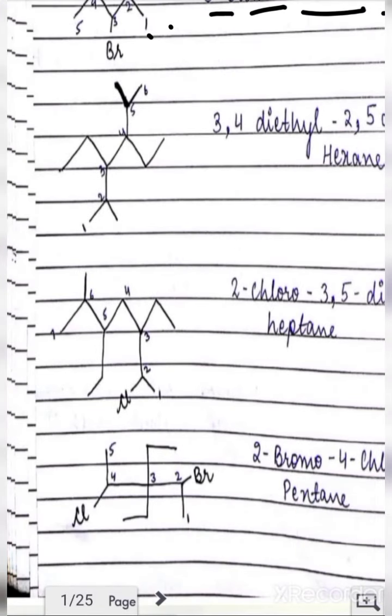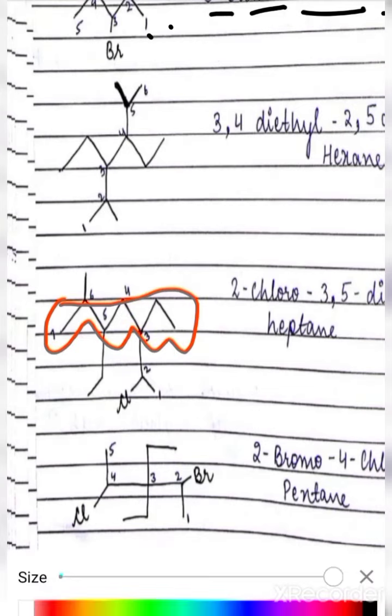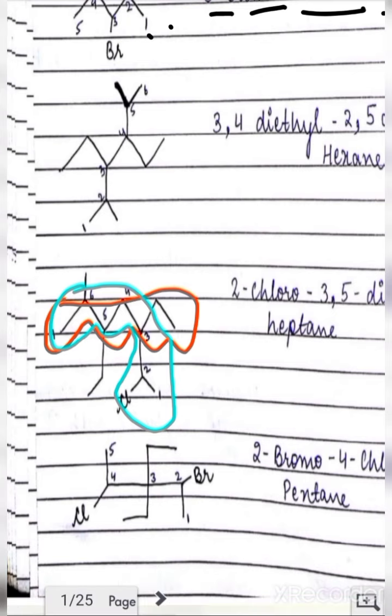Now in our next example, the parent chain could be this, or it could be this one. Again we will look into the chain which has more substituents because the number of carbon atoms is the same, that is 7.